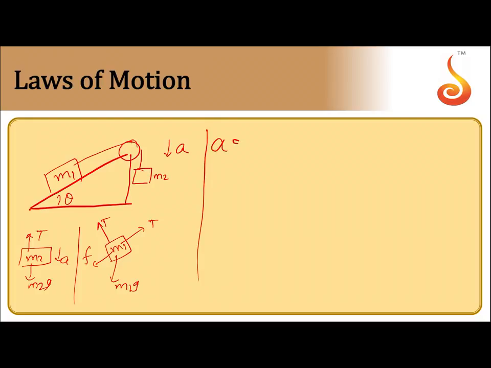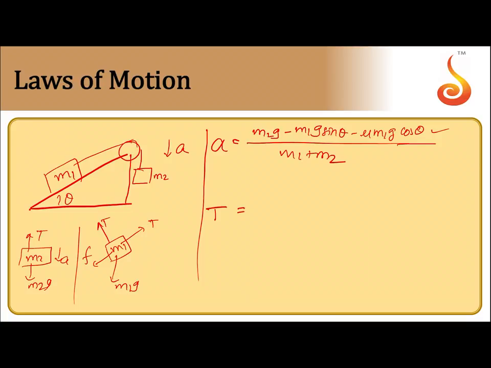Acceleration once again is the unbalanced force. What is the unbalanced force here? It is m2g minus m1g sin theta minus mu m1g cos theta. Unlike the previous case, we have this additional term, whole divided by m1 plus m2, which is the net force in the downward direction, or say net mass which is moving.